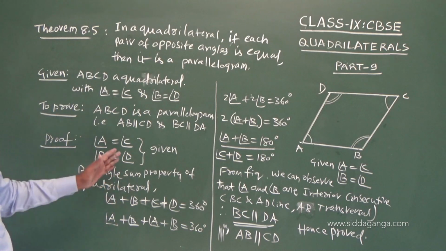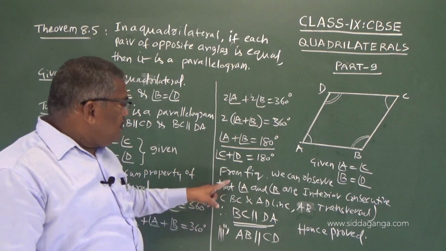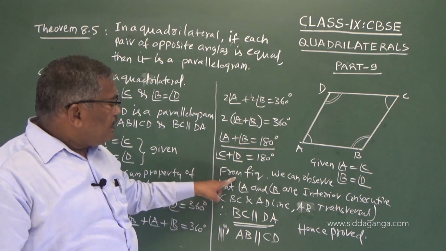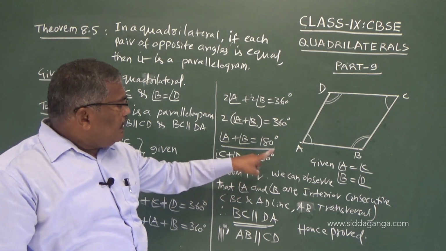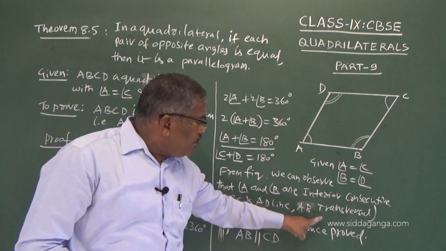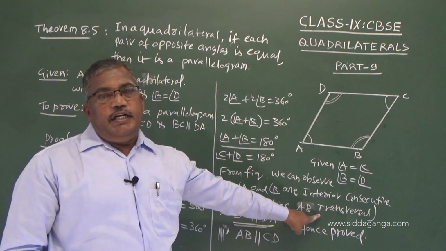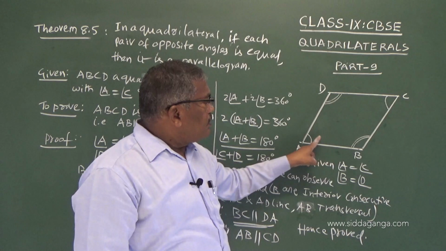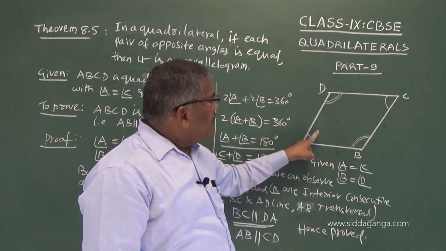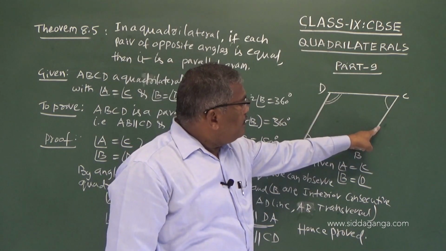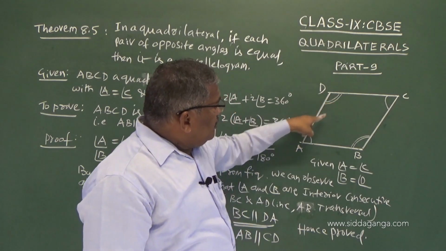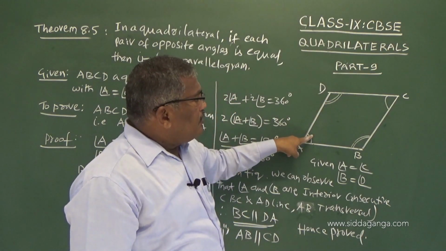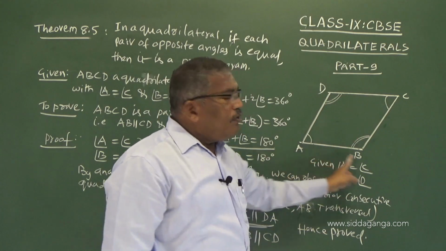See what we are doing here: we are coming to the conclusion that when the interior consecutive angles total 180 degrees, the lines are parallel. You take these two interior consecutive angles, therefore DC is parallel to AB.